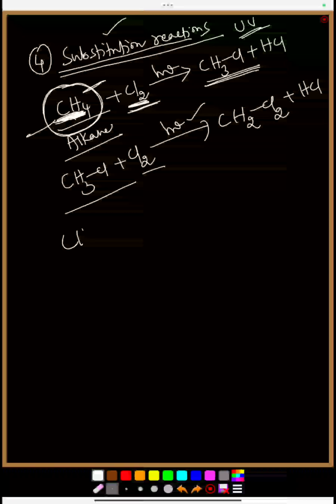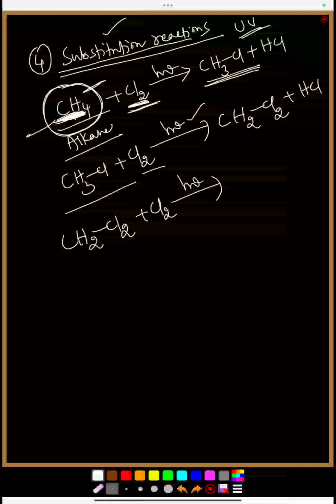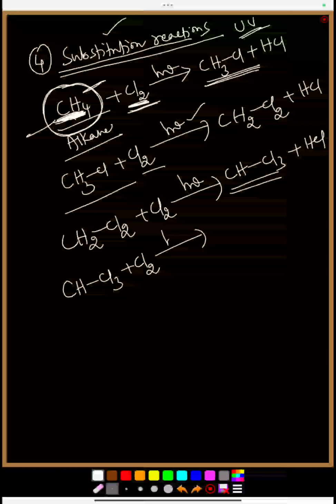So CH2Cl2 reacting with chlorine, you will get again CHCl3, very important, chloroform. You will get HCl. Finally this CHCl3 chloroform reacts with chlorine in presence of sunlight, you will get CCl4 plus HCl.